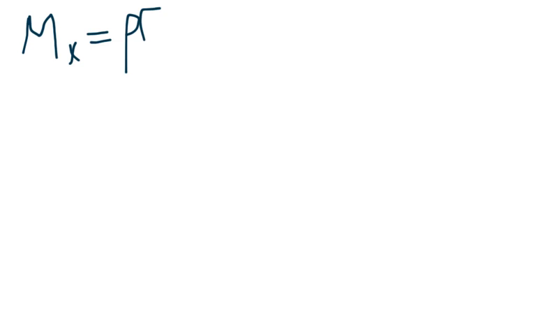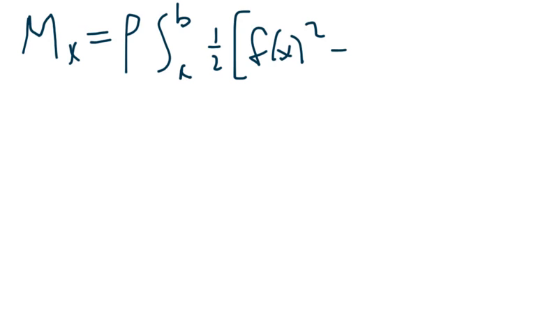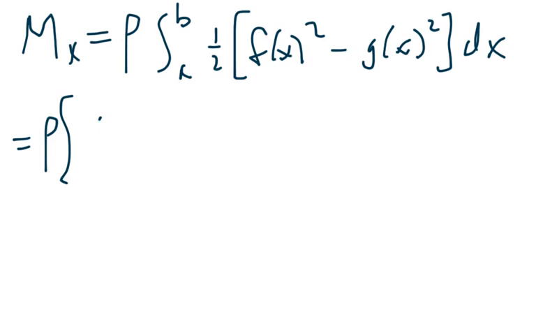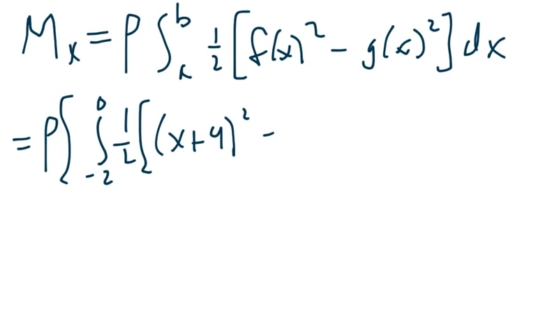So Mx, in the general case, is given by rho times the integral from a to b of 1/2 f of x squared minus g of x squared dx. So for our case, we're going to have to split it up, right? We're going to go from minus 2 to 0, 1/2, and now our f of x is x plus 4 squared minus x squared over 2 squared.